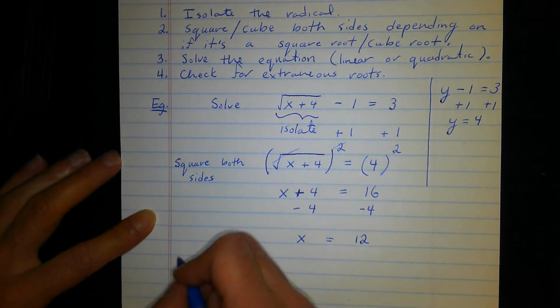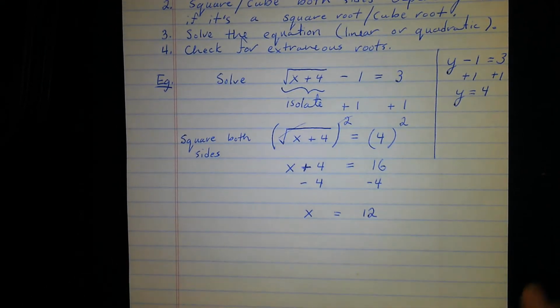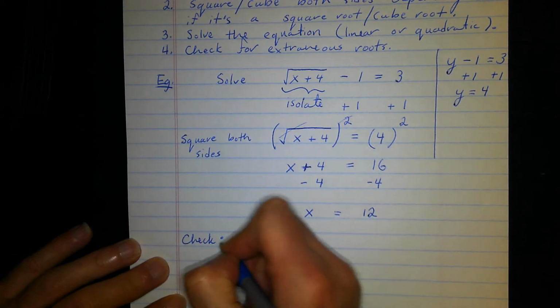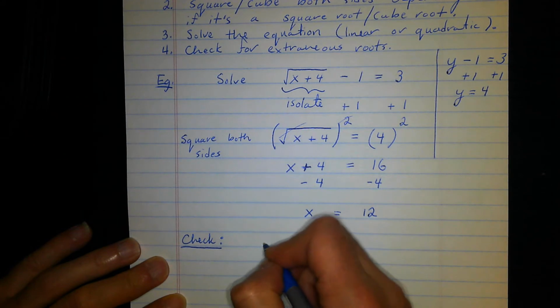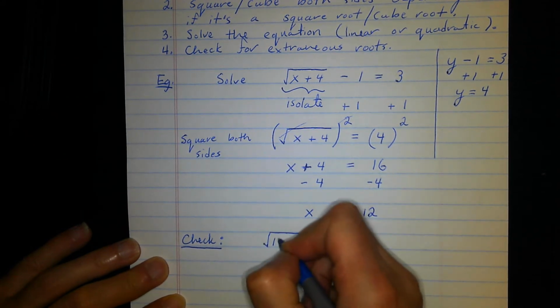Okay, now the last thing we want to do is just check our solution to make sure it's not extraneous. So if I check, I'm just going to substitute it into the original equation. What do I have? I've got the square root of 12 plus 4, minus 1 equals 3.